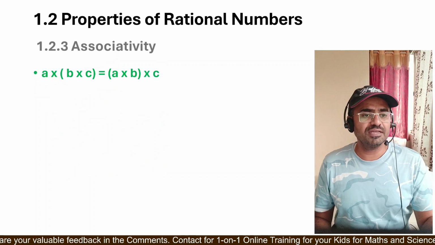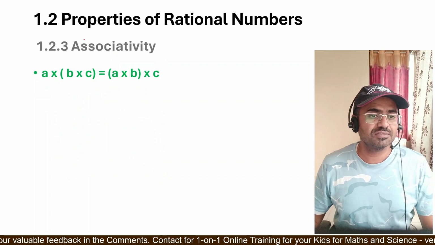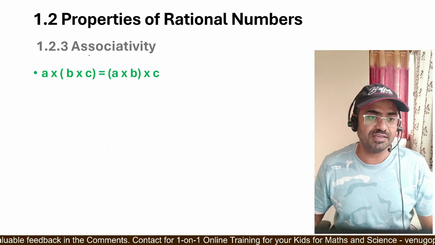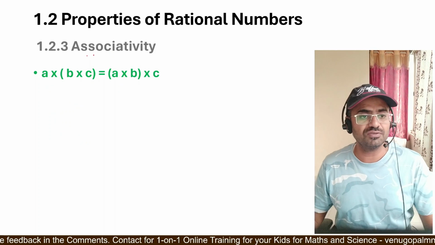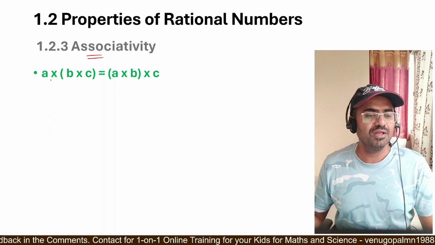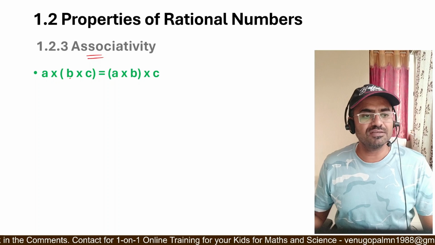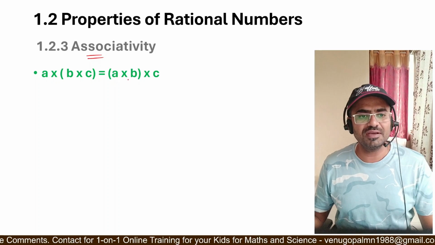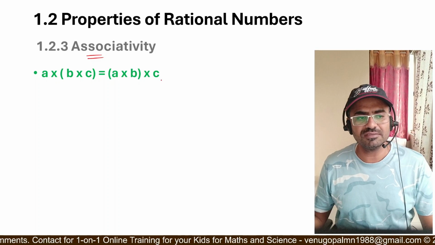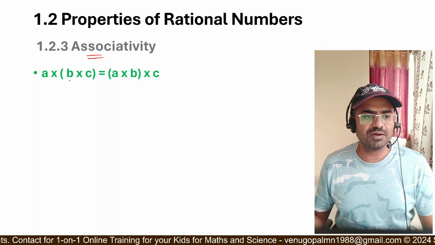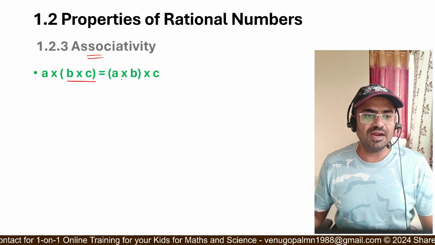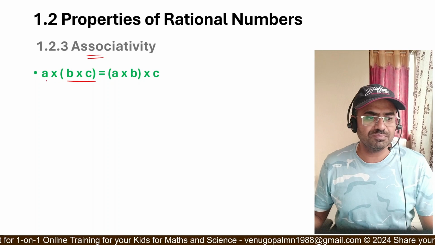Let us see the next property, which we call associativity or the associative property, related to rational numbers. What exactly does it say? a cross b cross c is equal to a cross b cross c with the bracket placed differently. Whenever we have a bracket, we solve that first, and then the result is multiplied with the remaining number.